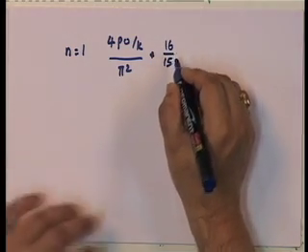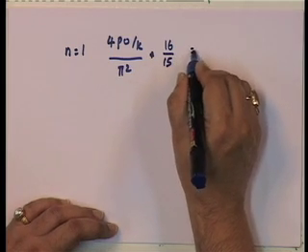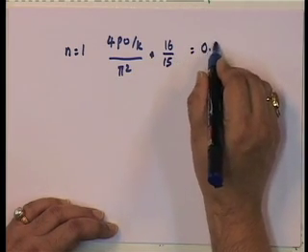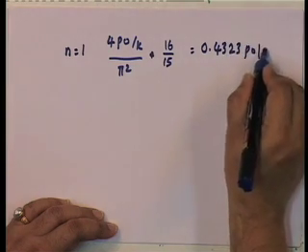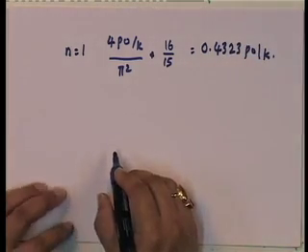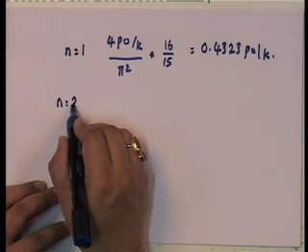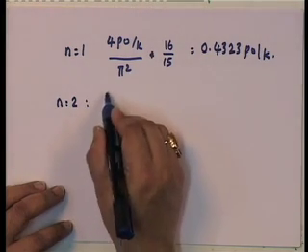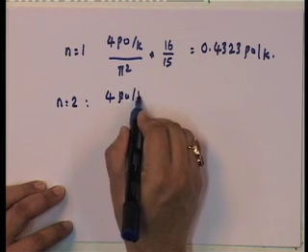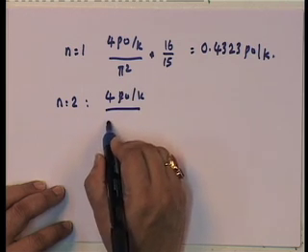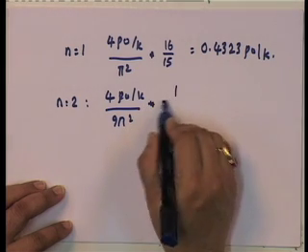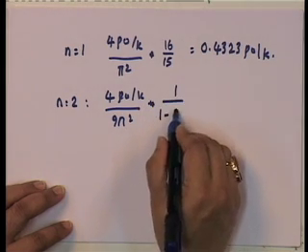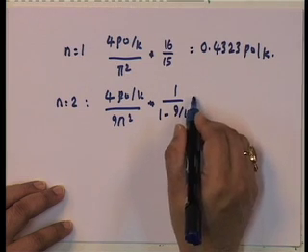So, if I put that in, I get 0.4323 p naught upon k. n equal to 2: 4 p naught upon k upon 9 pi squared into 1 upon 1 minus 9 by 16.